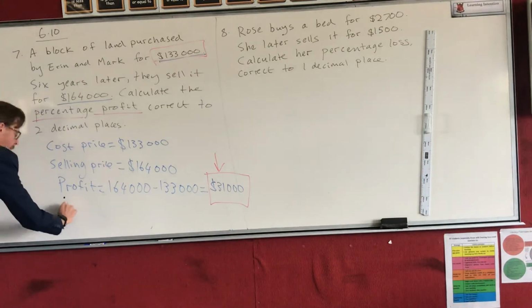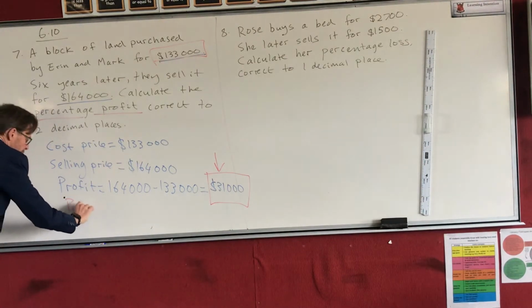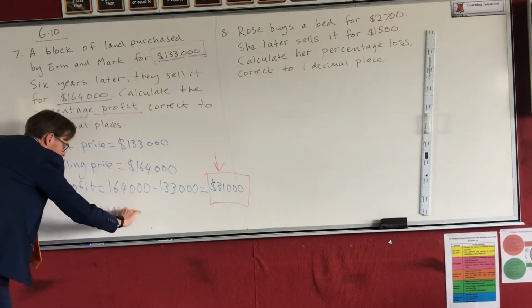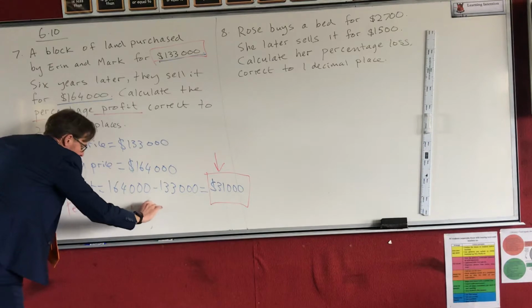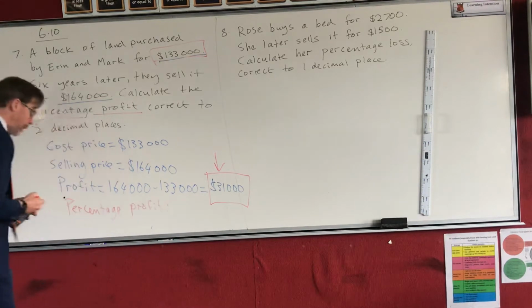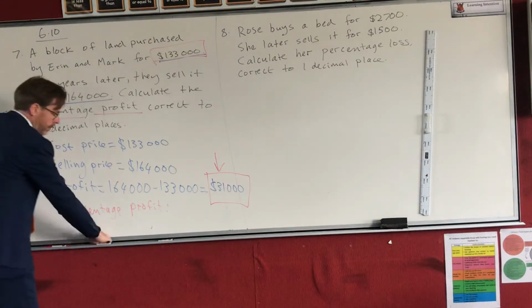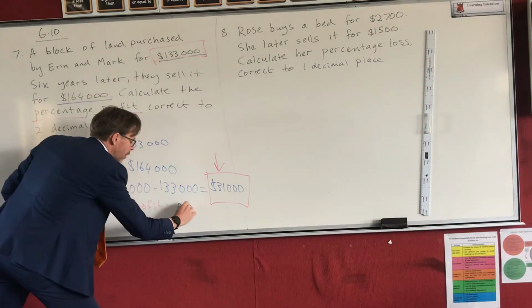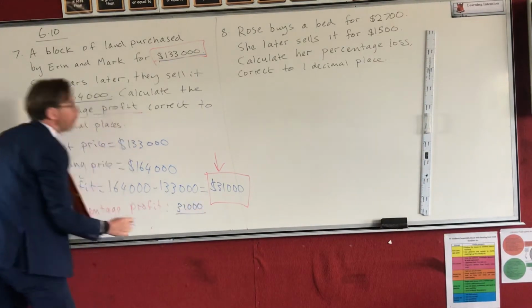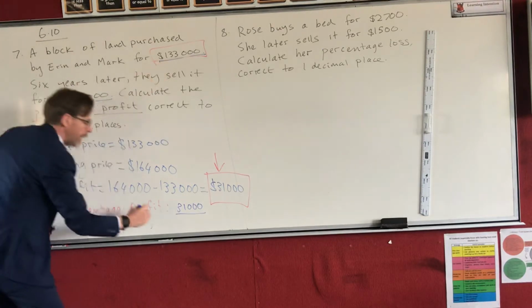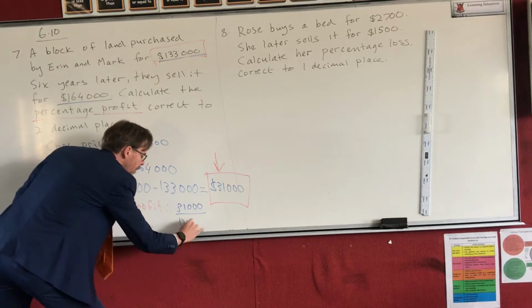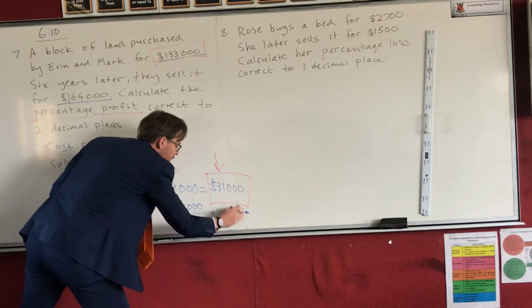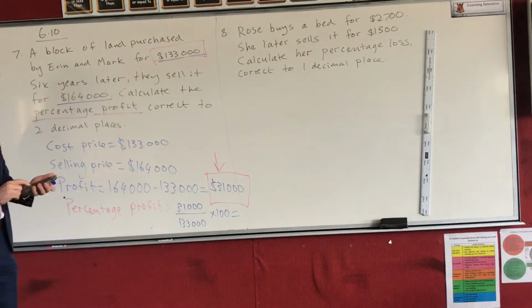So percentage profit will be, now we're going to take the $31,000, divide it by the original amount, multiply by 100.